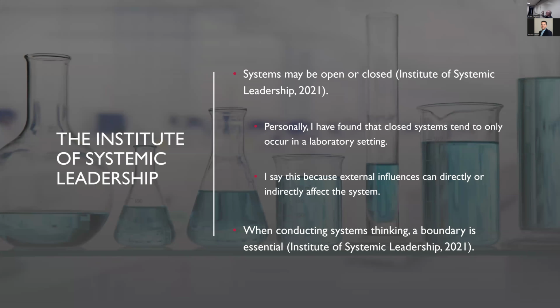Systems can be open or closed, yet in my experience, I've found that closed systems typically only occur in a laboratory setting. That's because external factors can impact a system. So there's really no systems here on Earth outside of a laboratory where factors from outside of that system do not have an effect.